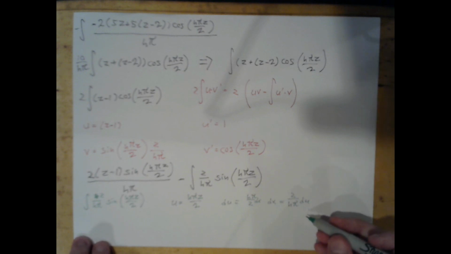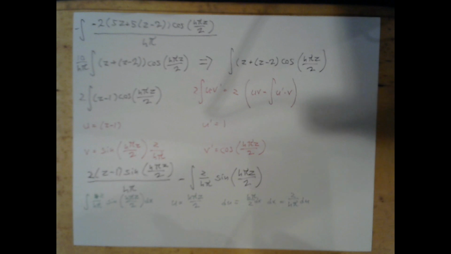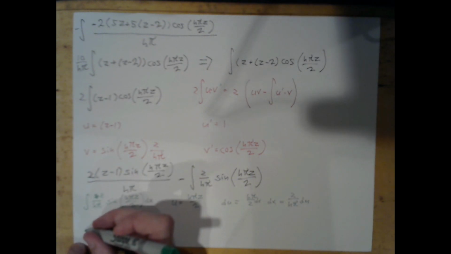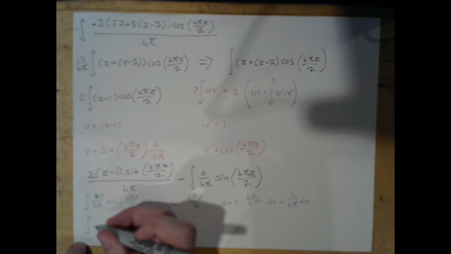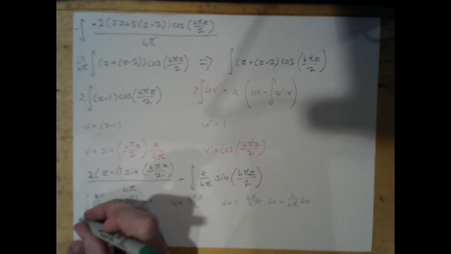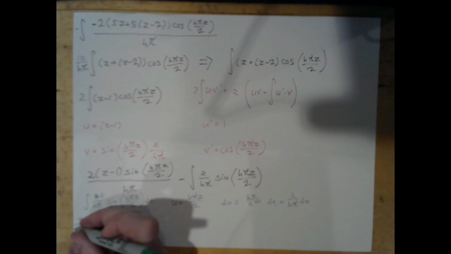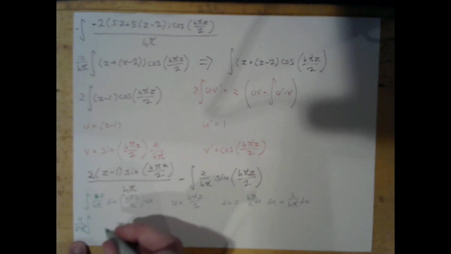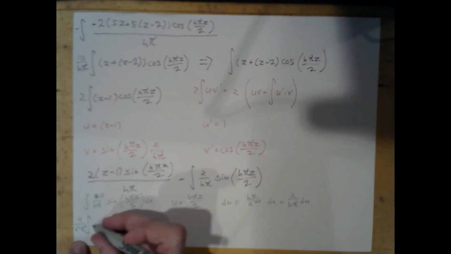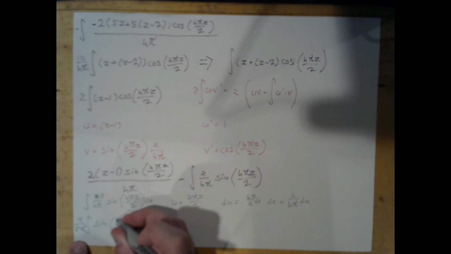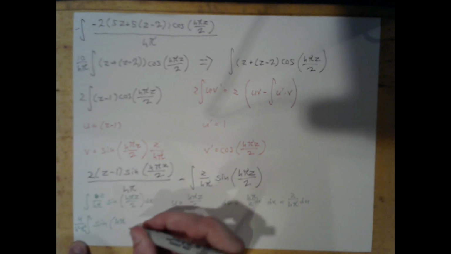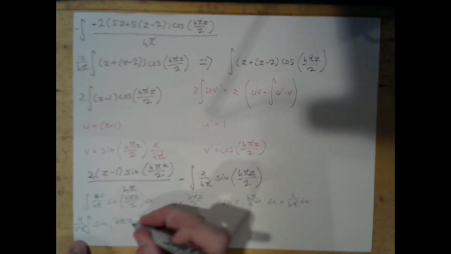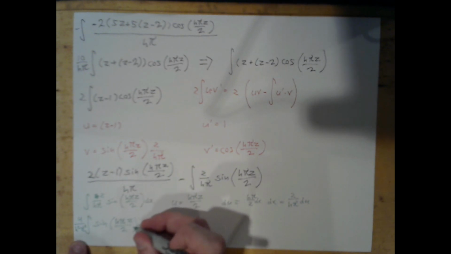All right, and so since we technically have a dx here, because this entire thing is the integral, we're going to say that because dx is equal to this, we're going to turn this entire integral into, we're going to pull the constant out front. We're going to say 4 over h squared pi squared, and then the integral is just going to be sine h pi z over 2.